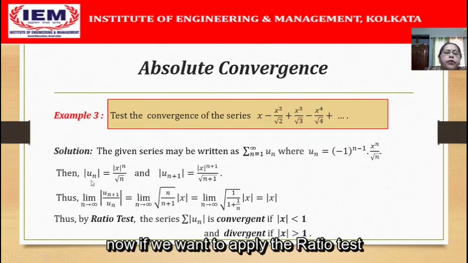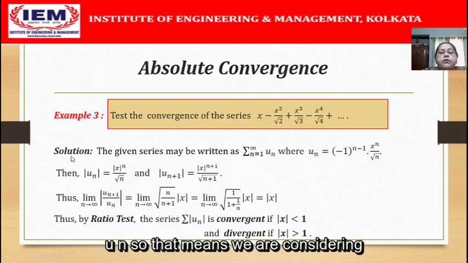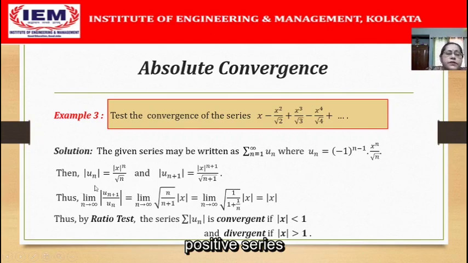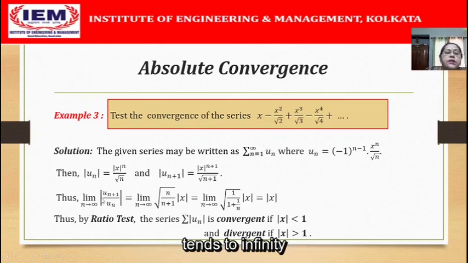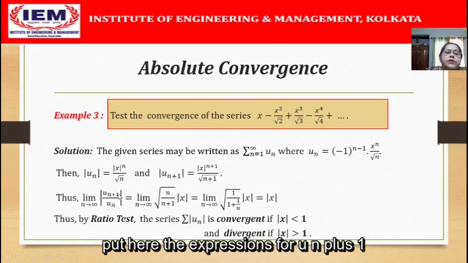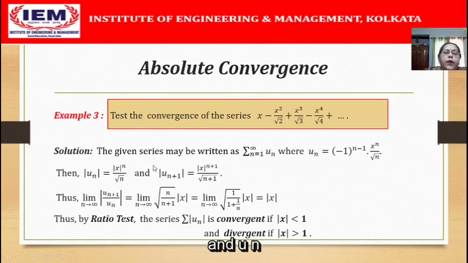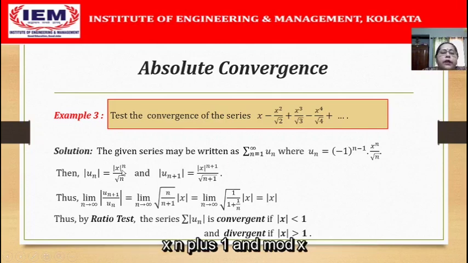So now if we want to apply the ratio test, because we are considering modulus of u_n, that means we are considering a positive series. So let us find the limit as n tends to infinity of mod u_(n+1) by u_n. If we put in the expressions for u_(n+1) and u_n, you see that this is mod x to the n plus 1 and mod x to the n.